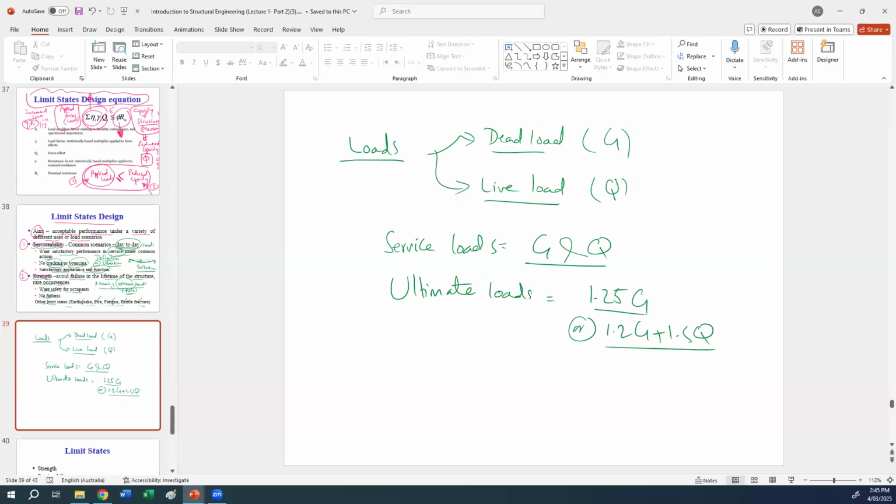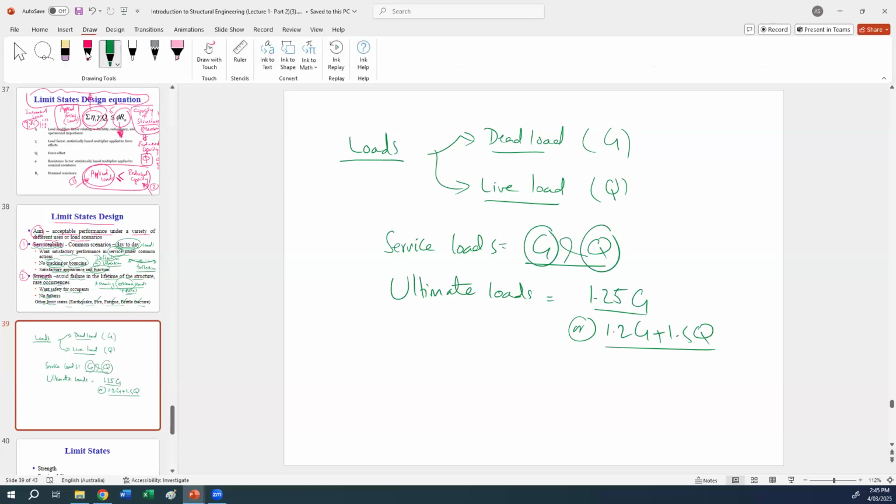So as you can see here, what is meant by serviceability loads? It means we use the load as it is, so G or Q as it is. Ultimate loads means we have increased the dead load or live load by a percentage, for example here 25%, here 20%, here 50%.